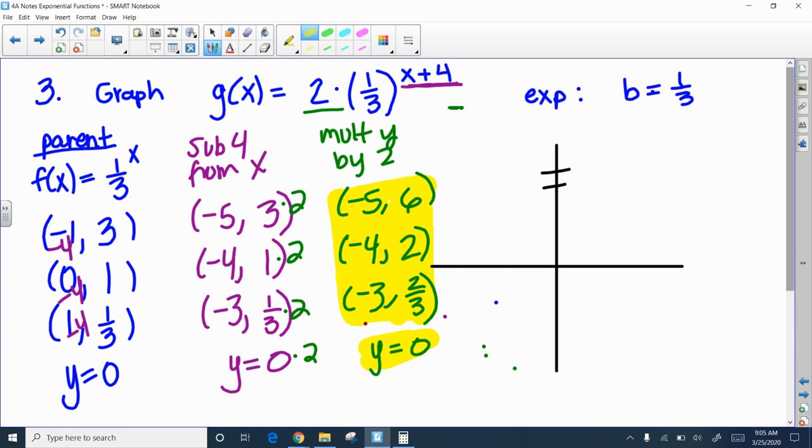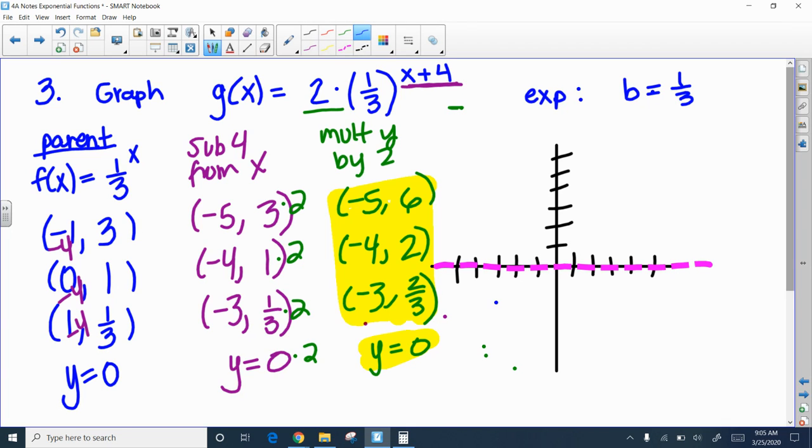All right, so let's graph those. So y equals 0 is the horizontal asymptote. Notice I'm always drawing the asymptote in first. And make sure it's always horizontal. So here's our asymptote, and then let's plot our points.